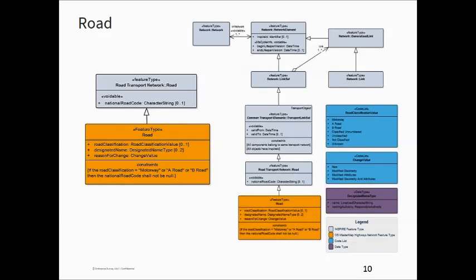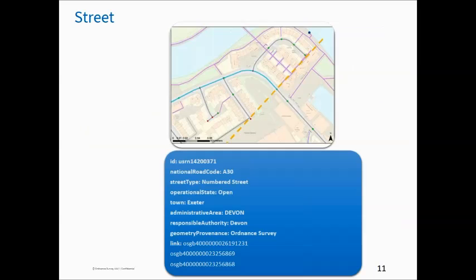Further on, a bit more complex attribution we have is for the street feature. The street feature, as you can see in the example now on the screen, basically extends and specializes more on what is on the road feature, and can represent a road or a track. A street feature will split when it crosses the boundary of an administrative area, so where the local maintenance responsibility changes.